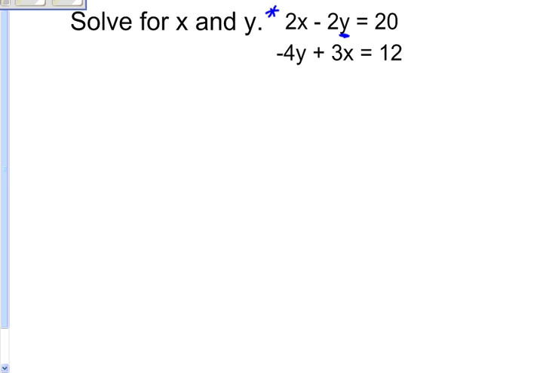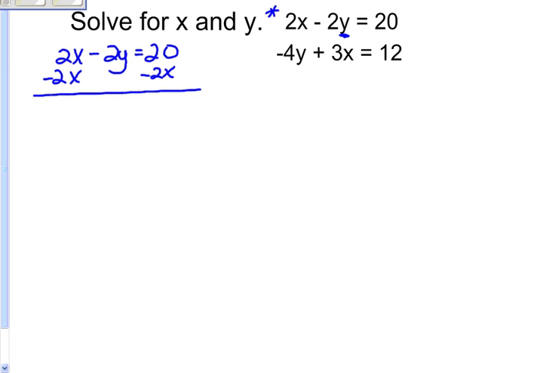So I'm going to come over here and write 2x minus 2y is equal to 20. And I'm going to get y by itself. So I'm going to subtract 2x from both sides. Those cancel out, give me -2y is equal to -2x plus 20.